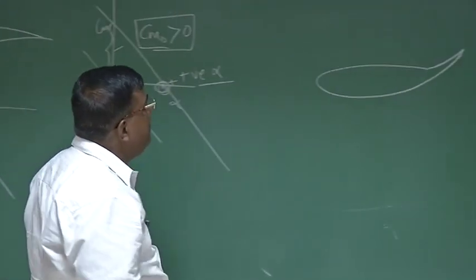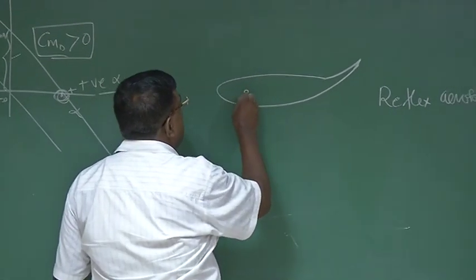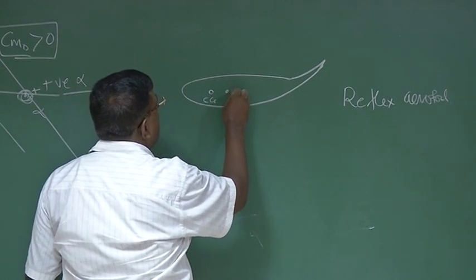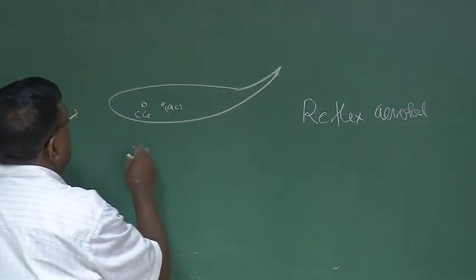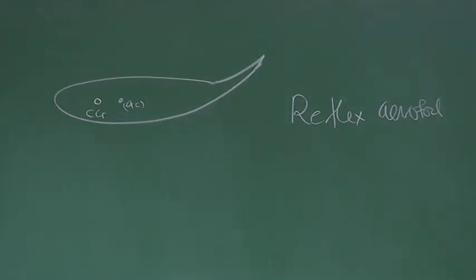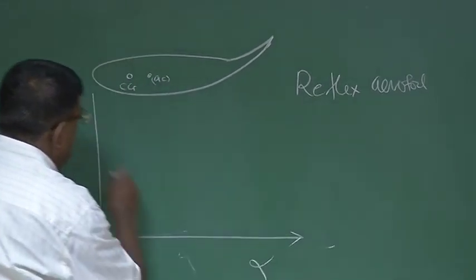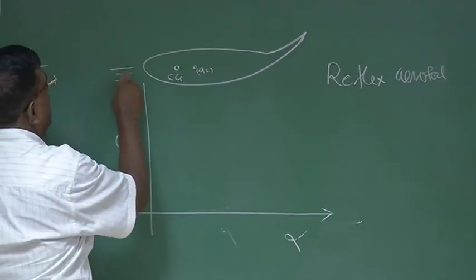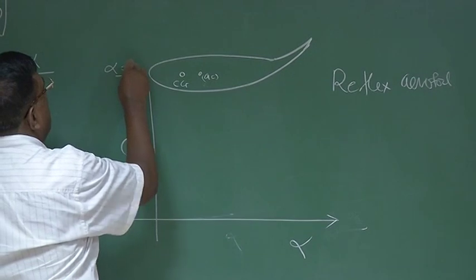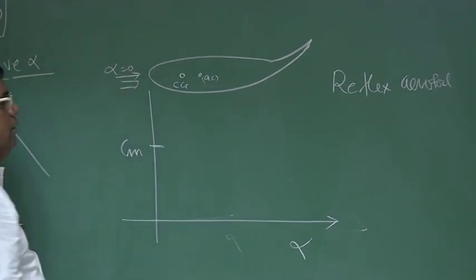If it is like this, what happens now? The CG is the same, and I put the AC of the wing here. So again AC is behind CG, so no problem, statically stable. I am more interested to see whether at alpha equal to 0 there is a positive Cm naught or not.